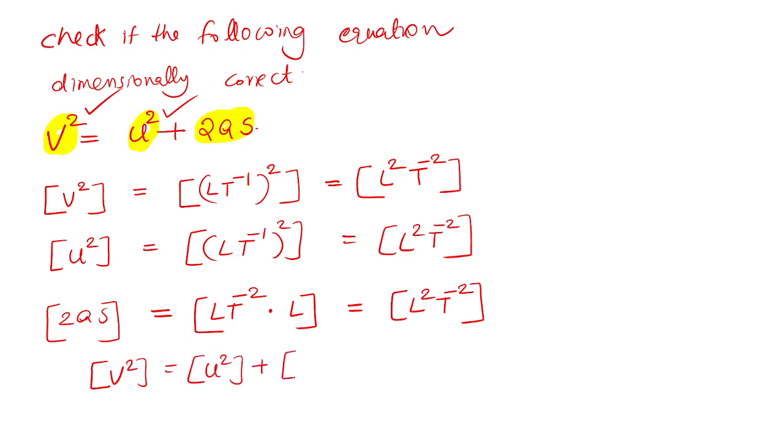I suggest you may write one more step, because in some books one additional step is written. After this you may add this also: dimension of LHS is equal to dimension of RHS.